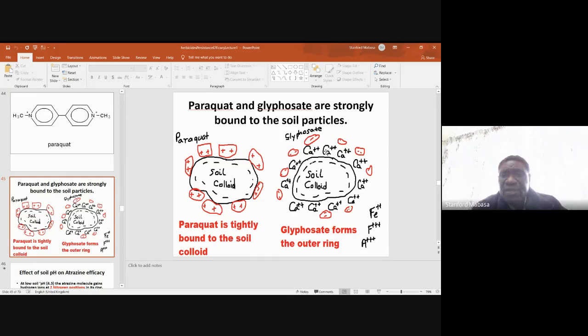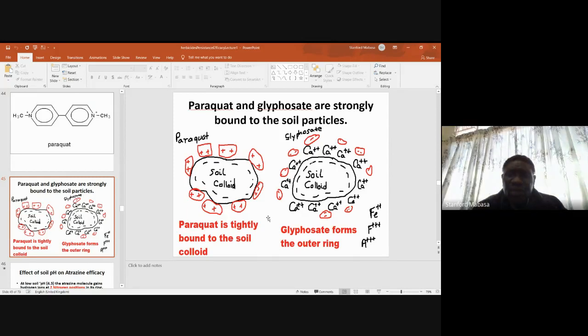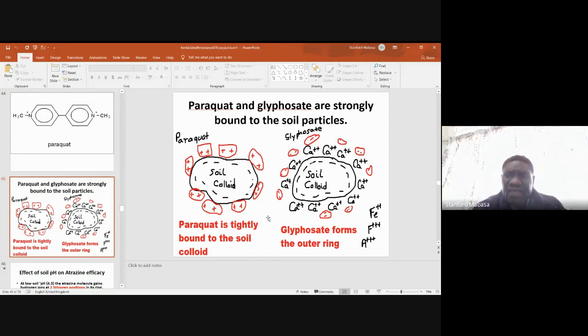So what can happen is that after attracting the calcium to the colloid, there could be extra positive charges around the calcium, which will then attract the glyphosate. This is how glyphosate, with its negative charge, is attracted to the soil colloid, which also has a negative charge, but via the calcium bond.